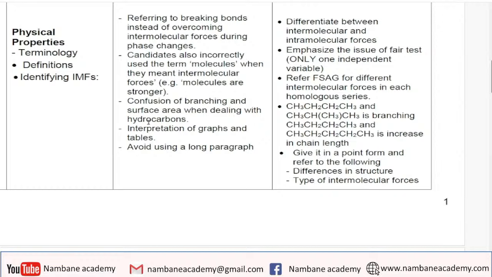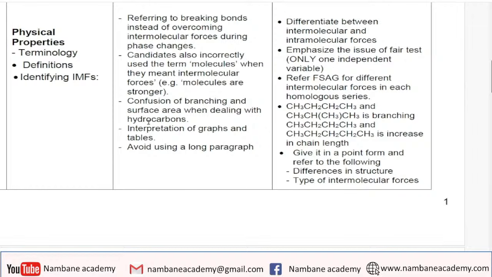When you compare those from different homologous series, the first thing is we use the type of intermolecular forces to compare. Point number 1, you mention the type of intermolecular force that each of those you compare consists of. You say A consists of London forces only. B, on top of London forces, consists of dipole forces.